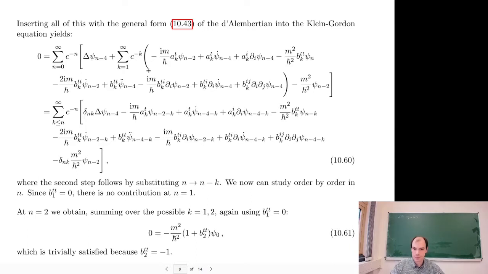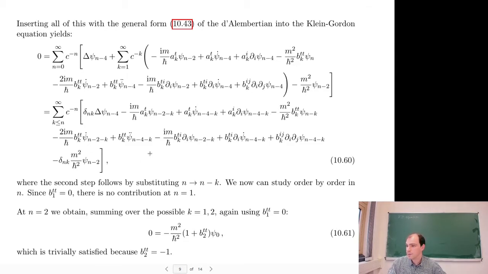In the first step, we just inserted everything, and then in the second step, you see we get a double sum still, we get a sum c to the power minus n, and we get a sum c to the power minus k.